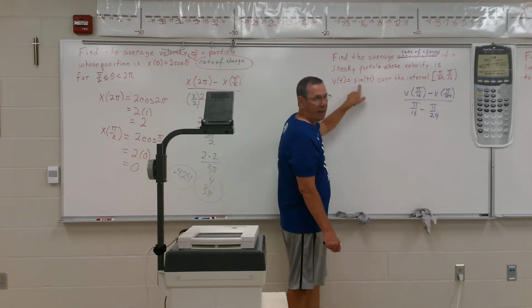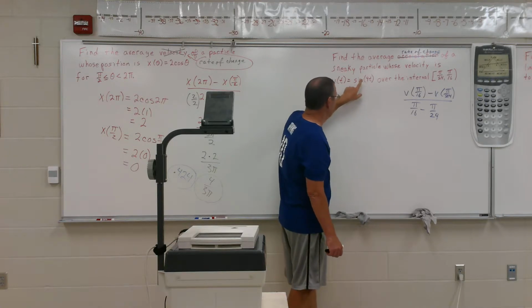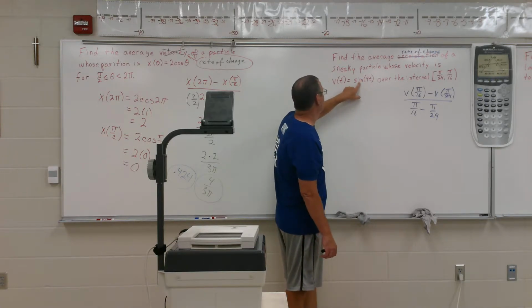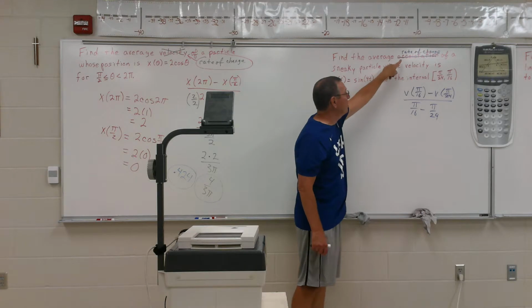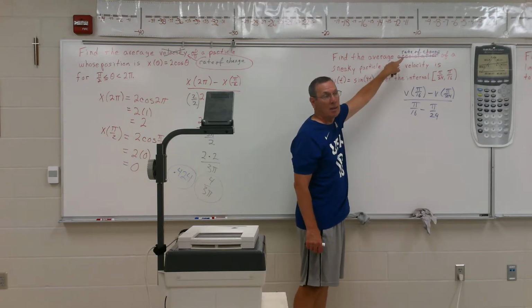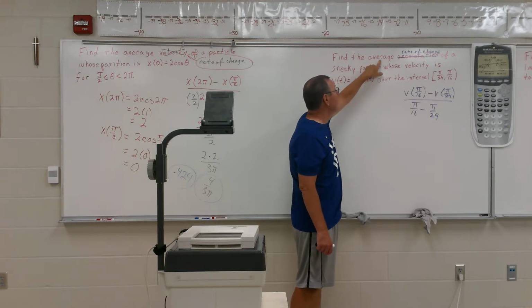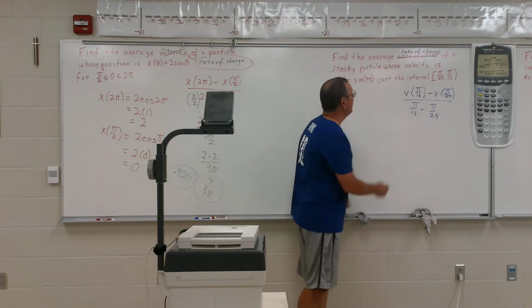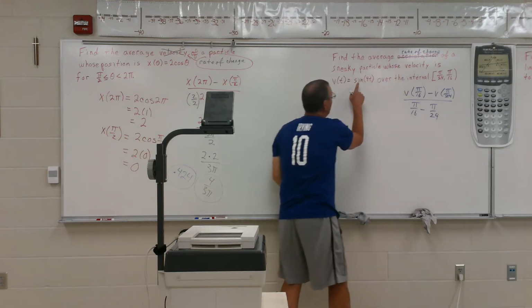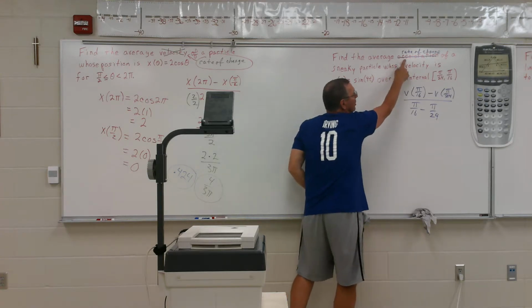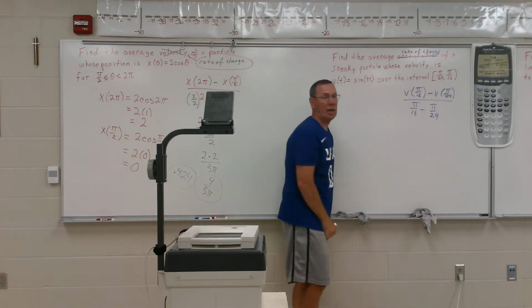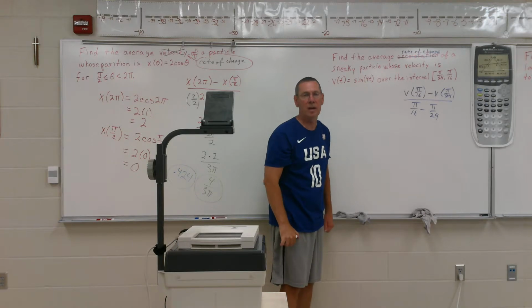They gave us velocity. Normally, if I knew the velocity, I would take the first derivative to get acceleration. But because of this word, average, I'm not going to have to take a derivative. Acceleration is the rate of change of velocity, so this changes this into an average rate of change problem.